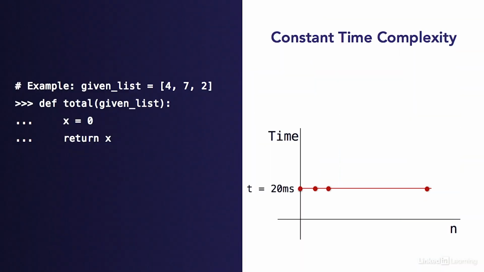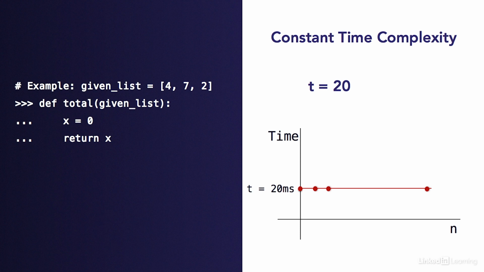Now let's take a look at this other function, which just initializes x to 0 and returns it without doing anything with the given list. The time it takes to run this function can be written as t equals c, where c is a constant. And c here is of course 20, since the function takes 20 milliseconds to run regardless of the input.